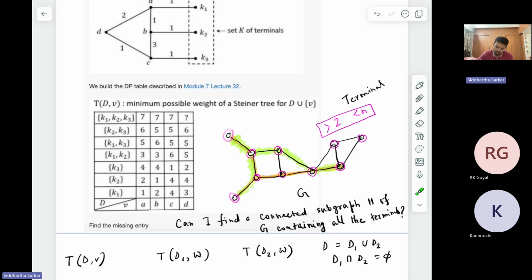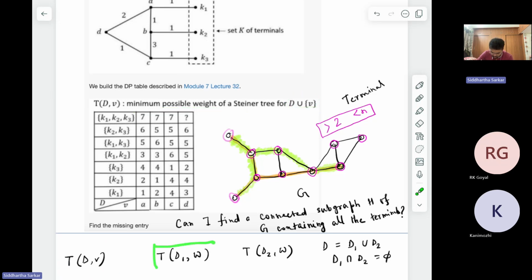The original problem is: what is the minimum possible weight of a Steiner tree that connects D and V? That is, what is the minimum possible weight of a Steiner tree that ensures that D union V are connected?